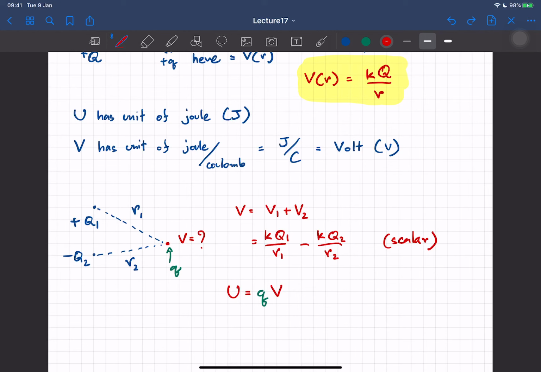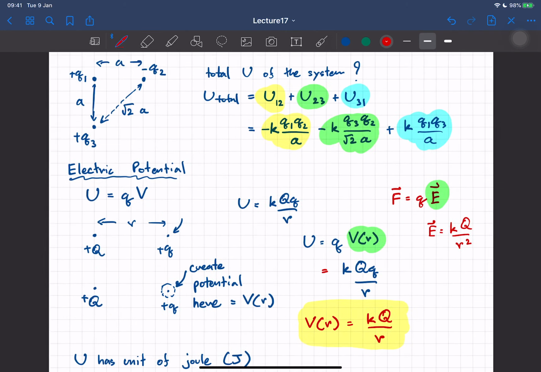So that means you don't need to recalculate stuff when you change this small q to a different value, because you already know the potential. It's always going to be potential times charge equal to potential energy. So what does this value mean physically? U equals q times V here.